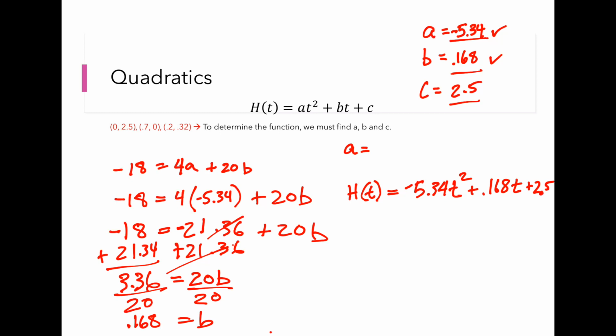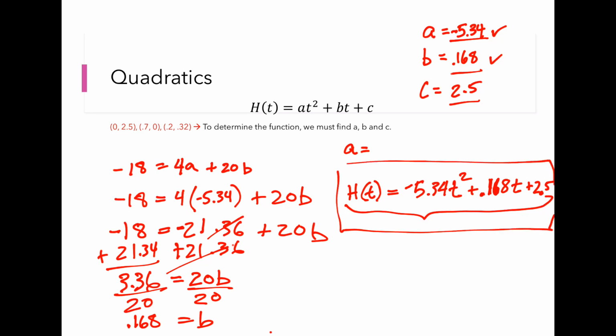Any of the rounding here, I tend to take things out to at least 2 decimal places, sometimes 3. It may seem a little random, but I try to avoid rounding as much as I can. It just depends how accurate I need it to be. There's not a real big consequence to this equation, so we don't need it accurate out to several decimal places. But we have now found the quadratic equation that marks the path of that ball.